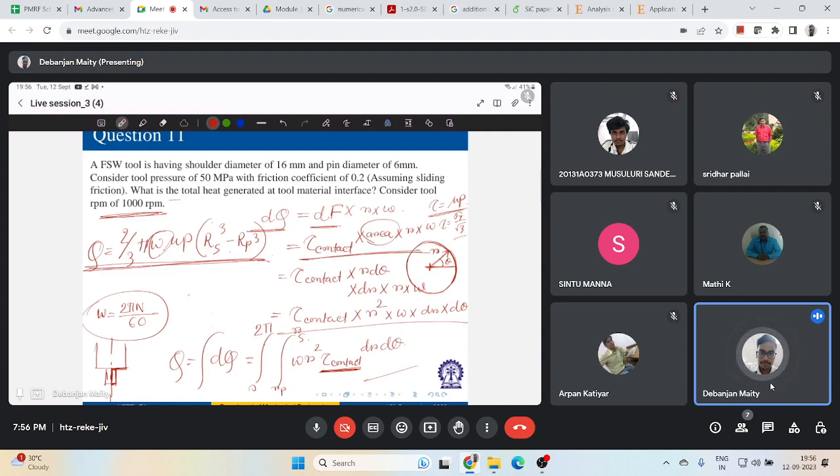Just tell me, have you got the concept or not? Yes or no? If you got the concept, then afterwards you can solve any kind of numerical similar to this. Have you got the idea or the funda?